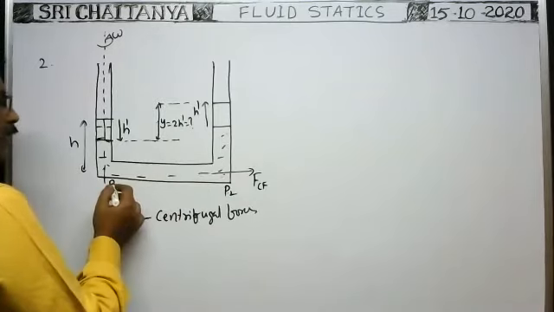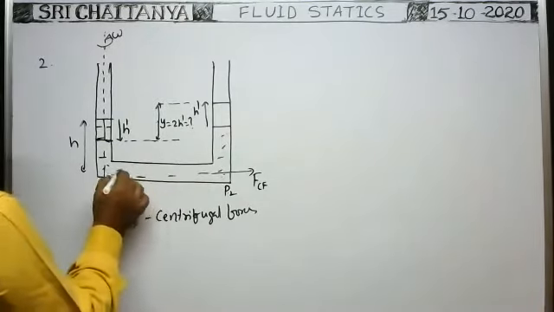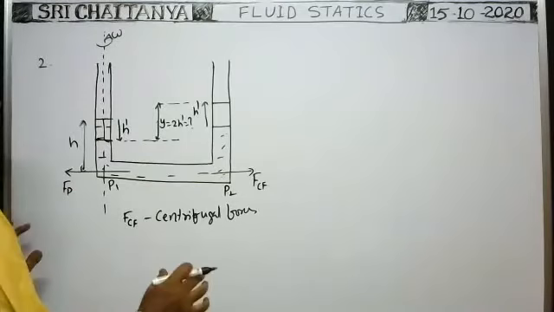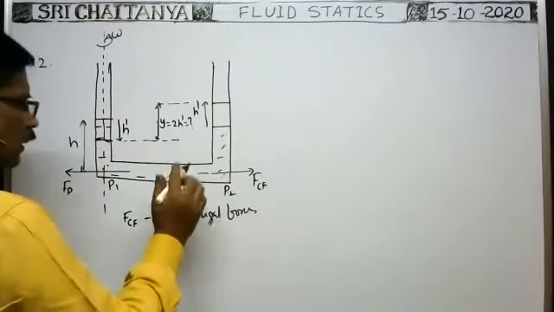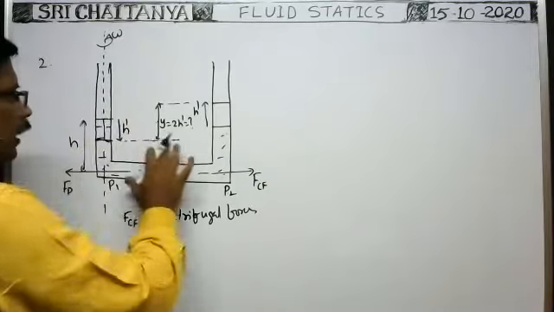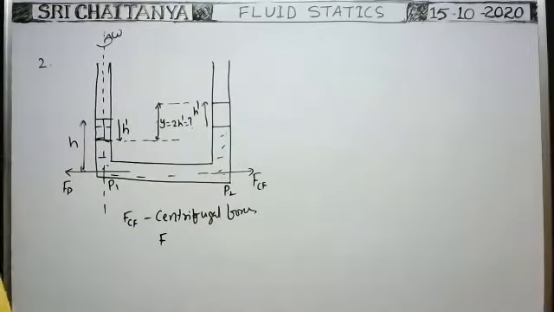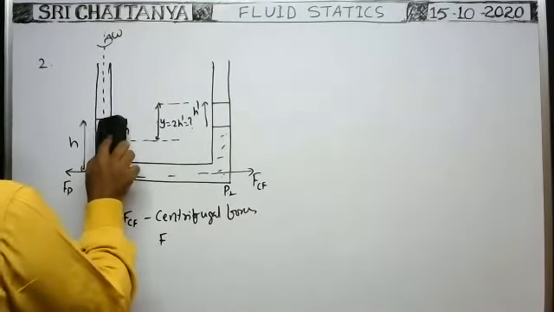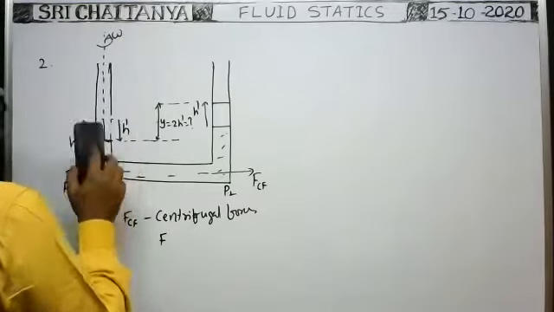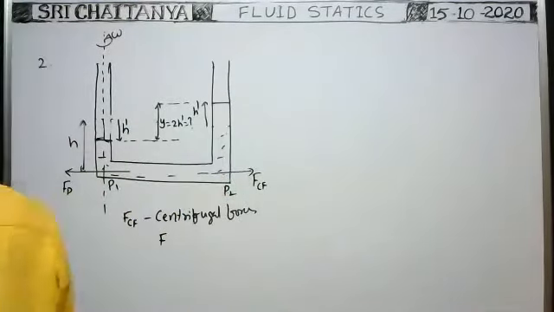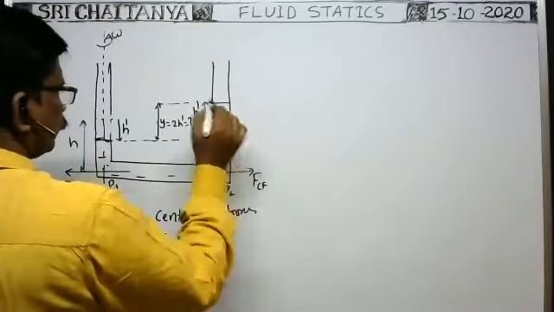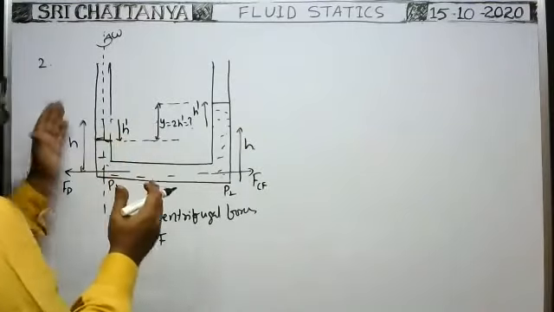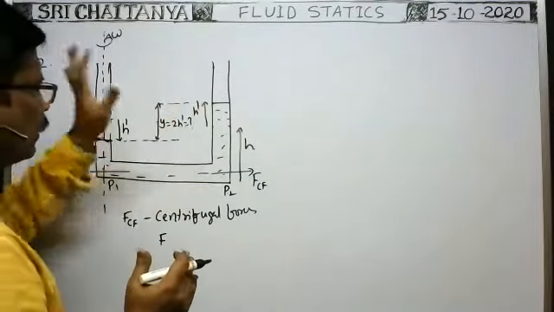Due to that, a pressure difference is created across the liquid in the horizontal tube. As pressure here is more and here is less, due to the pressure difference some force acts on this liquid column towards the left. Whenever the force due to pressure difference and the centrifugal force are equal in magnitude, the liquid level remains in equilibrium. The initial liquid level is up to h only, but whenever the U-shaped tube is made to rotate, a liquid level difference is created.